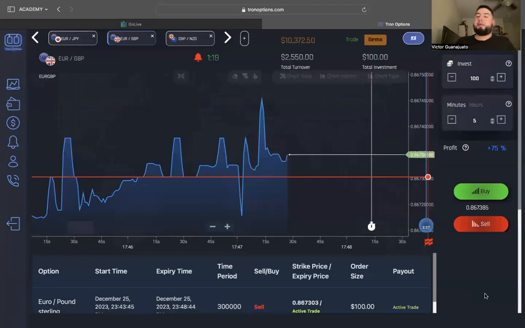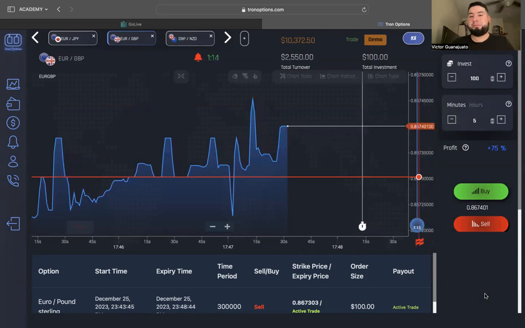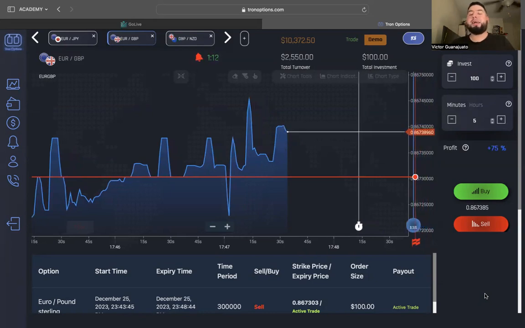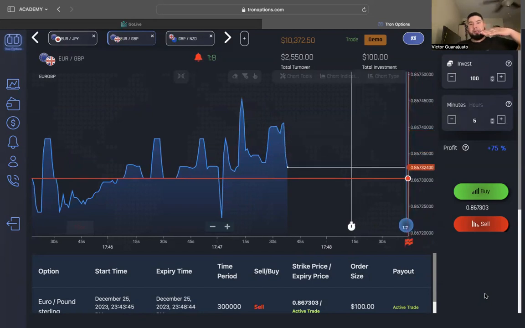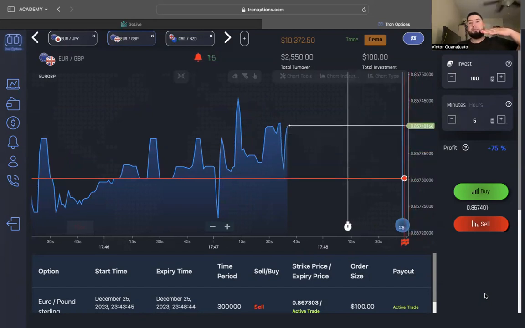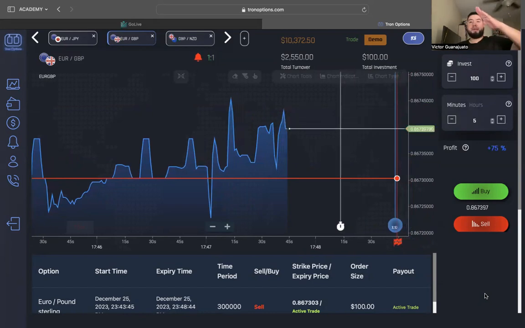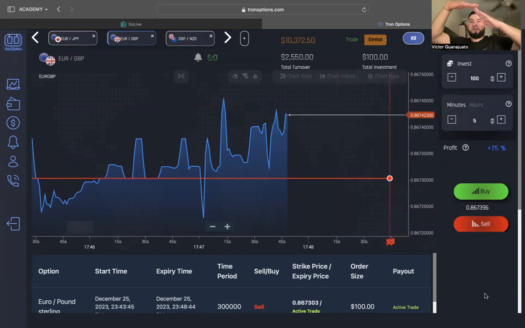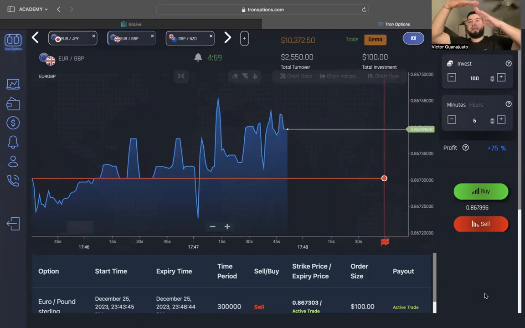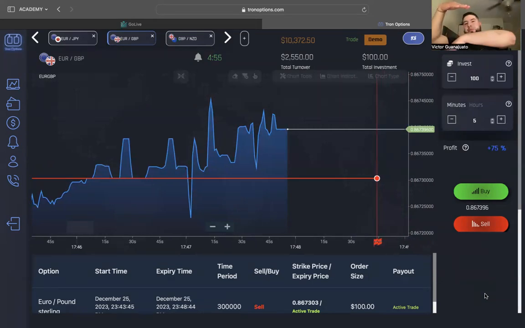Just know that if the teacher is telling us to press the red button, that means that right now the market is at a level, for example, like this, and the teacher is expecting the market to go up a little bit more, and then whenever it hits our entry point, the moment we click our button, the market is expected to go down.